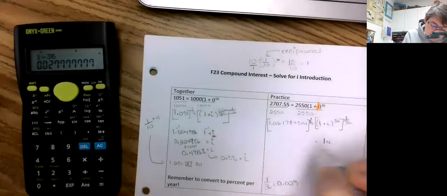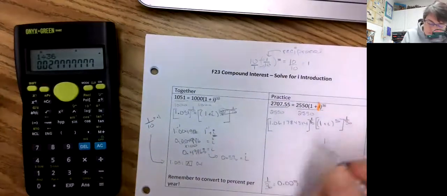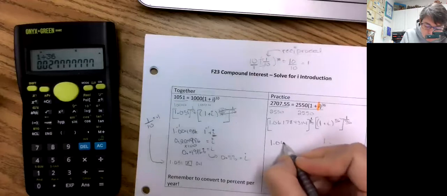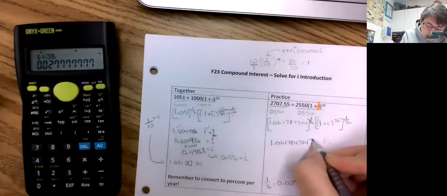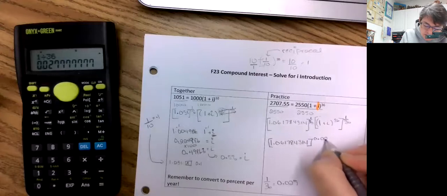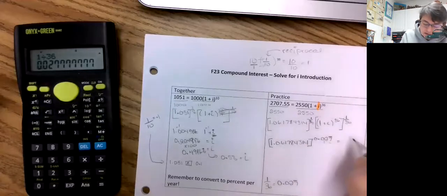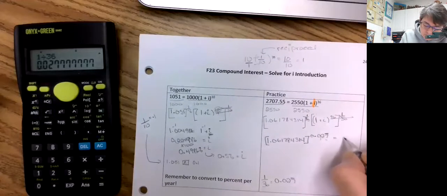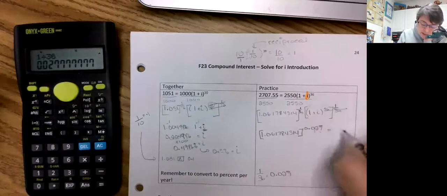So maybe what I'm going to write, 1.061784314 to the 0.027 is equal to, so all I did was just convert this one, and then these are still going to cancel out. I may have to rethink this when I teach it to make it prettier. I don't know of a better word, but prettier is what's coming to mind.